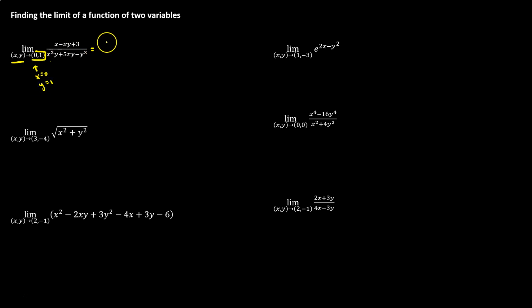So in my function notation, that would look like 0 minus 0 times 1 plus 3 in the numerator, divided by 0 squared times 1 plus 5 times 0 times 1 minus 1 cubed. And then we simplify, 3 on top and minus 1 on bottom. So we get negative 3.